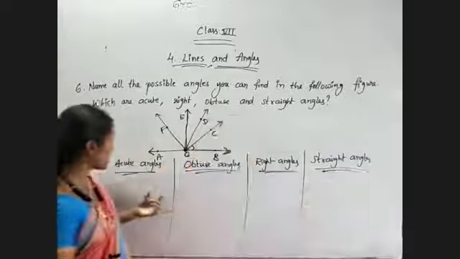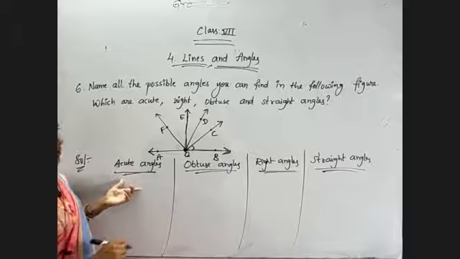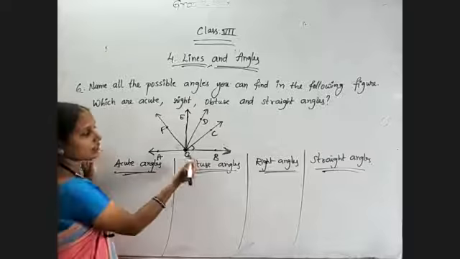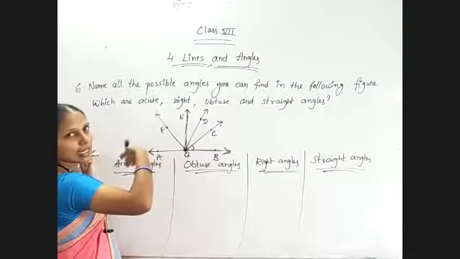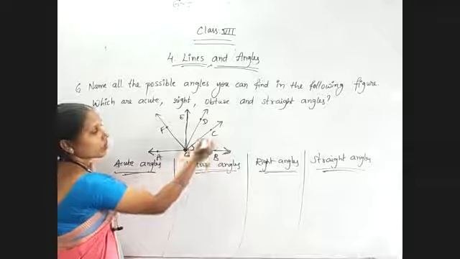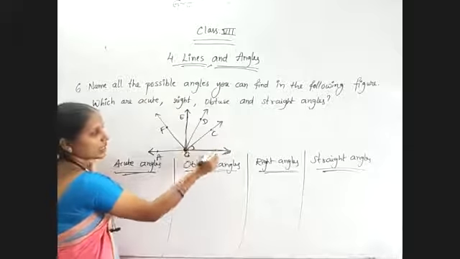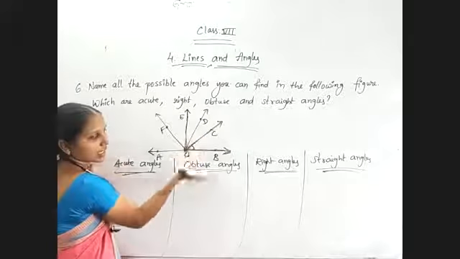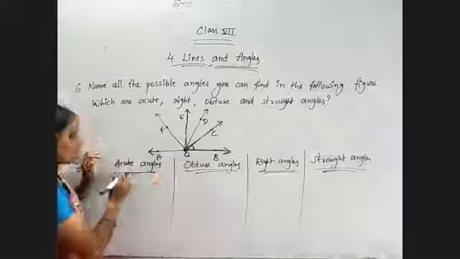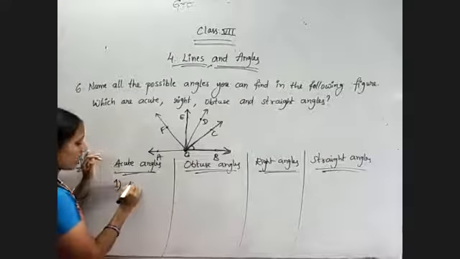Okay, which are lesser than 90, all those are acute angles, yes or no? So identify the acute angles. First I am going in the anti-clockwise direction. So BOC is lesser than 90. This is my angle BOC, lesser than 90. So that comes under acute angle, angle BOC.